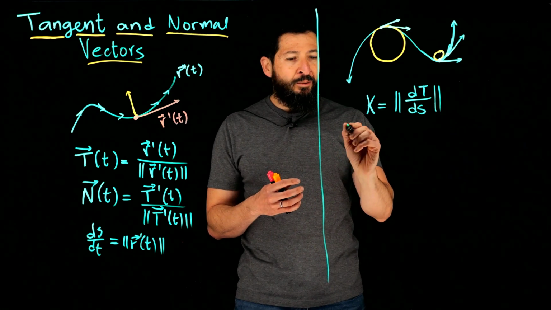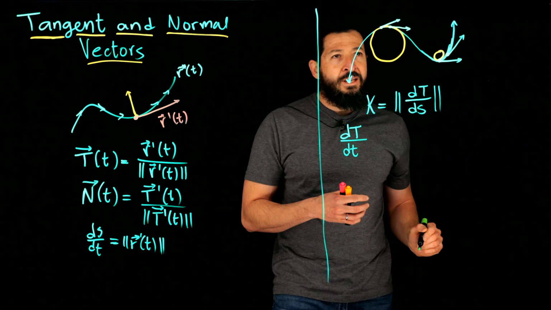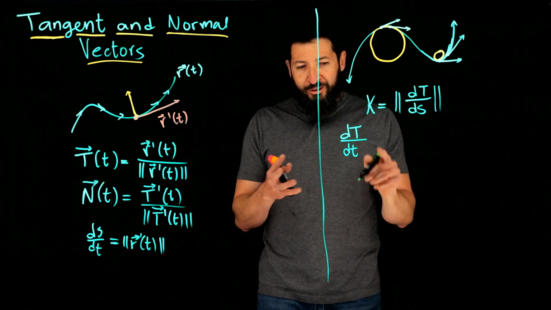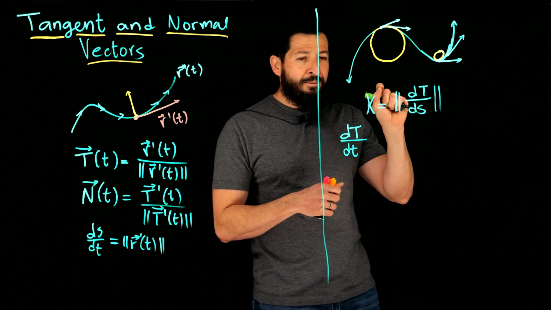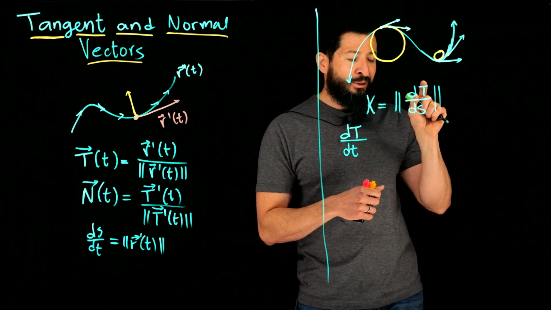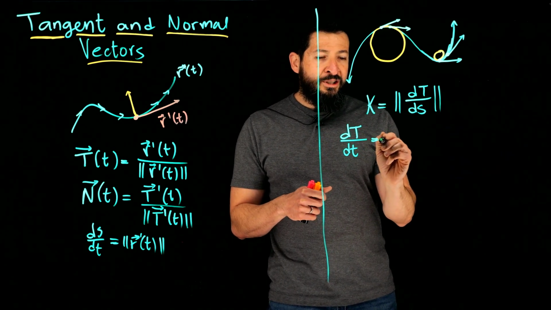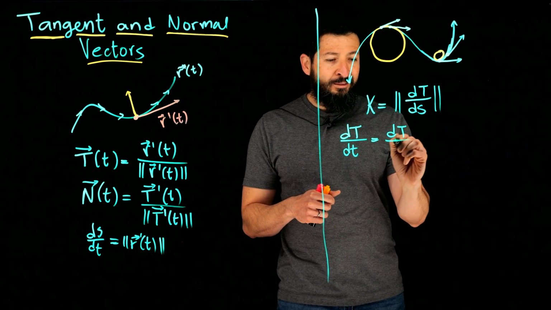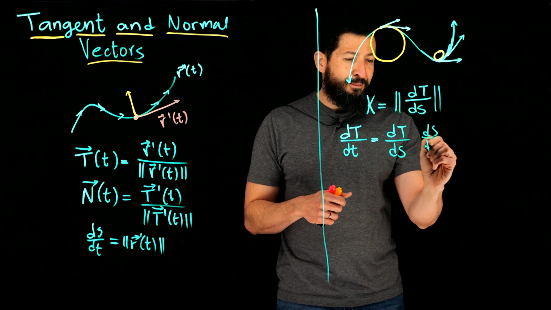So to do that, I'm going to go ahead and compute dT by dt, the rate of change of the unit tangent vector with respect to the time t. And I will use the chain rule to write this as dT ds, which is the quantity of interest, times ds dt.